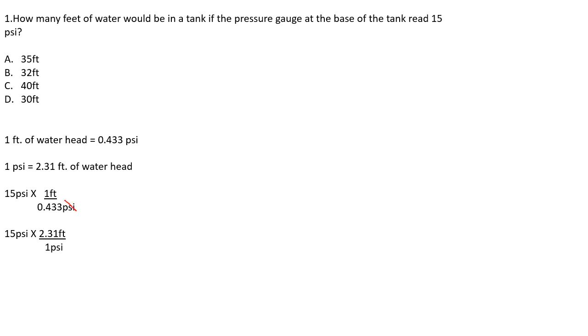Your psi cancel out. That ends up being division. And your 15 psi times 2.31 foot over 1 psi. Psi cancels out. And your answers are 34.64 feet and 34.65 feet. So they are a little different, but when you round, they're both going to be A, 35 feet.